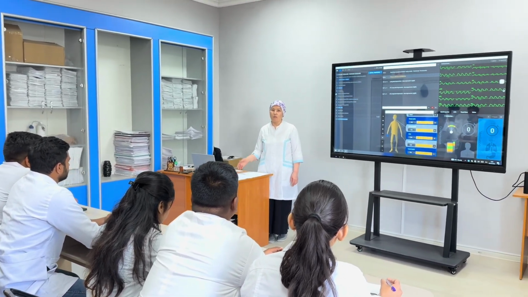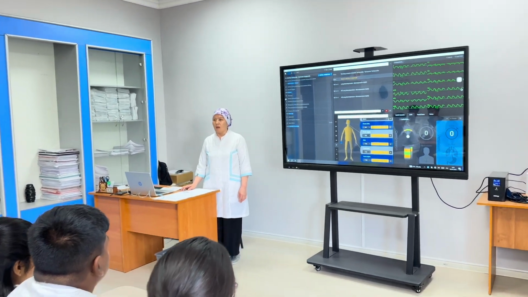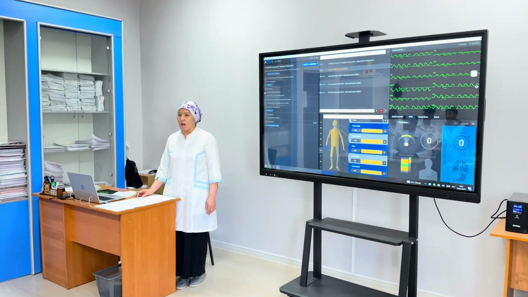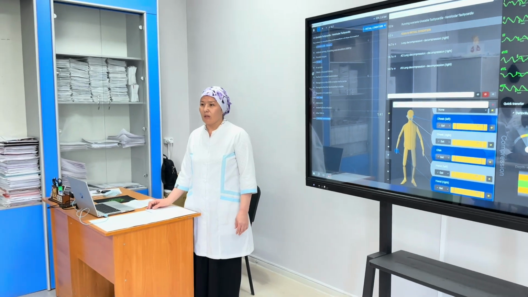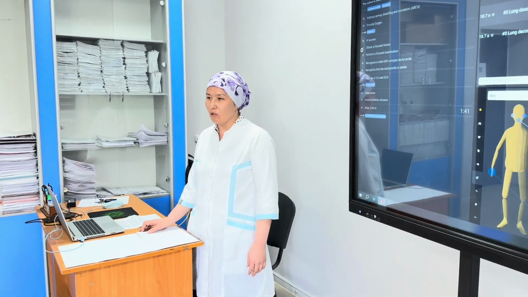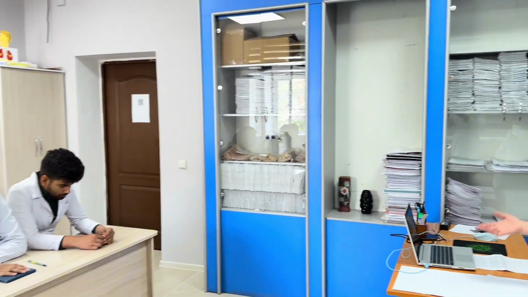Yes, every year 4.5% of people die from cardiovascular diseases. We have so many techniques, examinations and drugs for these diseases, but it's increasing.